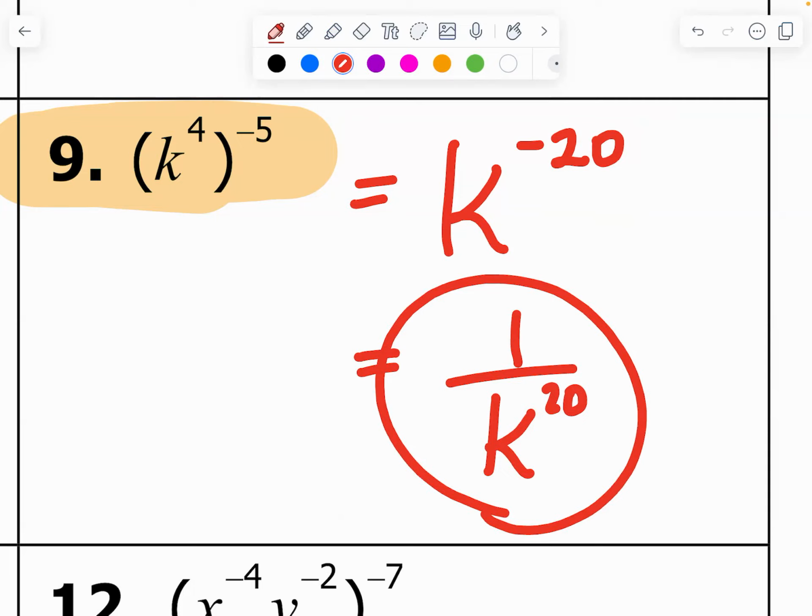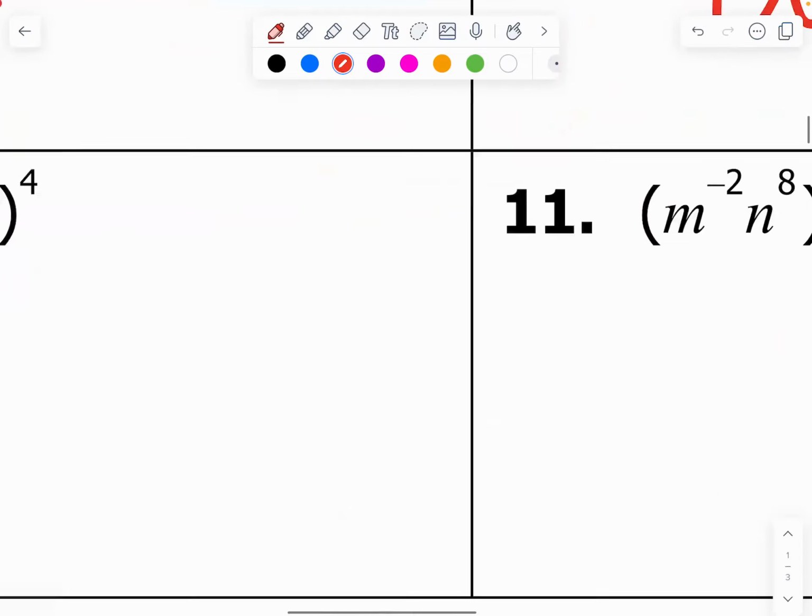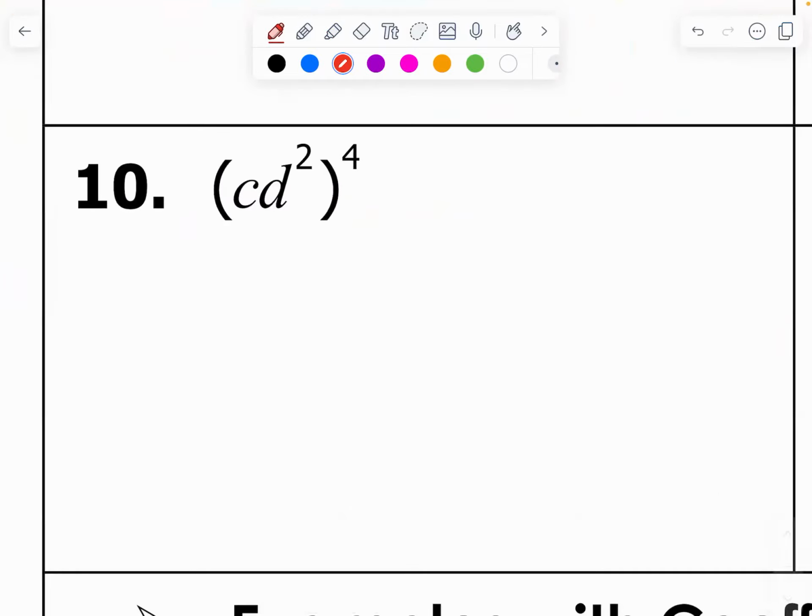Okay? Now, look at what happens when we have more than one variable inside the parentheses raised to a power. Okay? Now, technically, what is the power on C? What's the exponent for C? Look at C. What's its exponent? I want everybody to write in a 1 as the exponent for C. If you don't see an exponent, there is a 1 there.